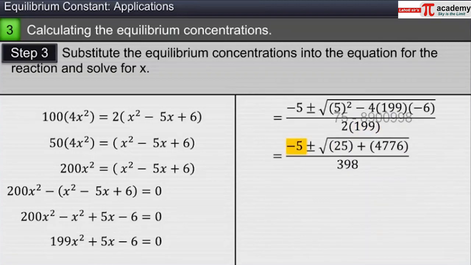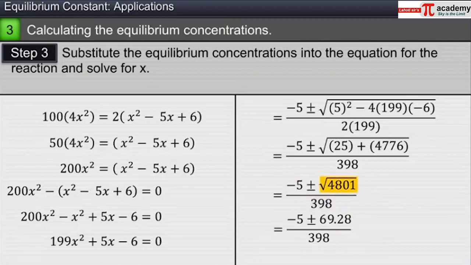This can be written as minus 5 plus or minus square root of 25 plus 4,776, divided by 398. This can be further written as minus 5 plus or minus square root of 4,801 divided by 398.